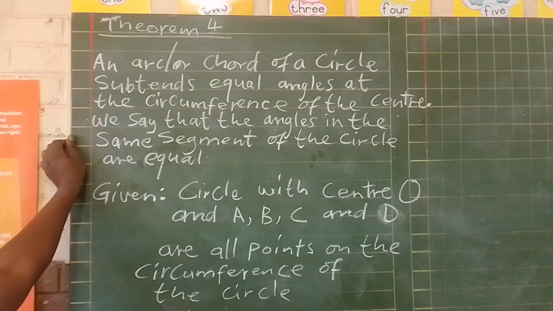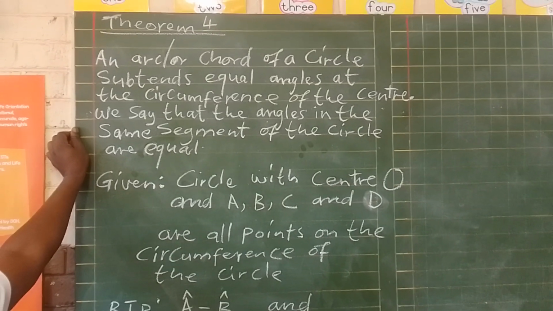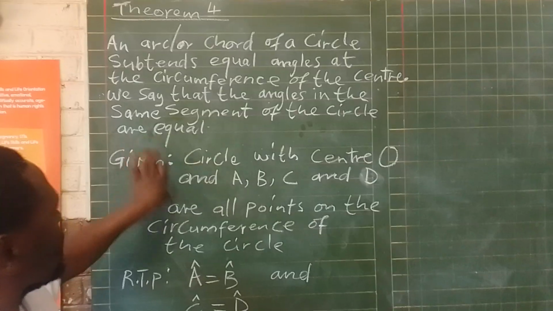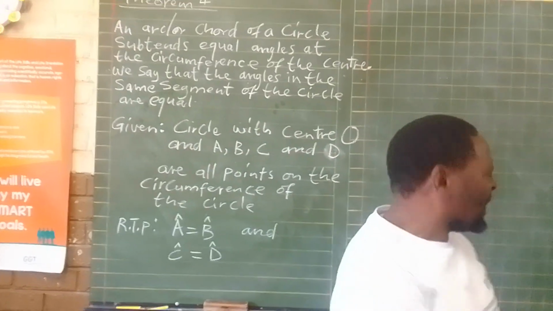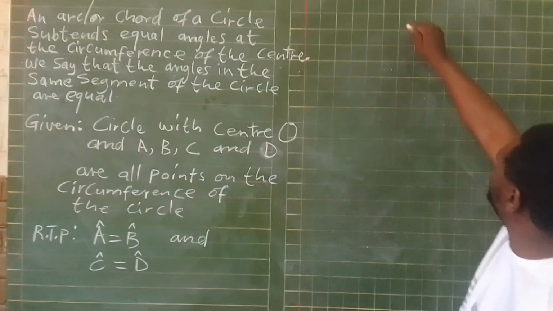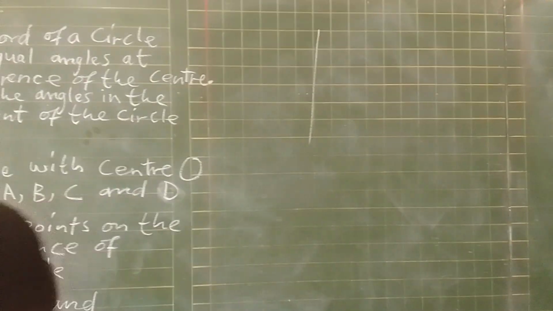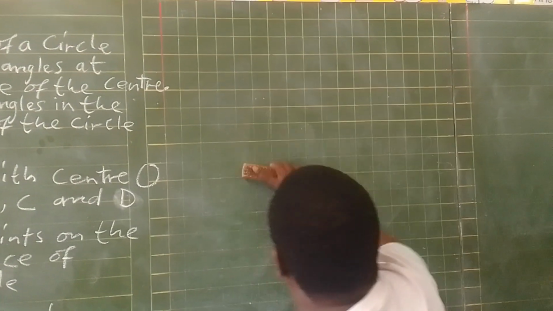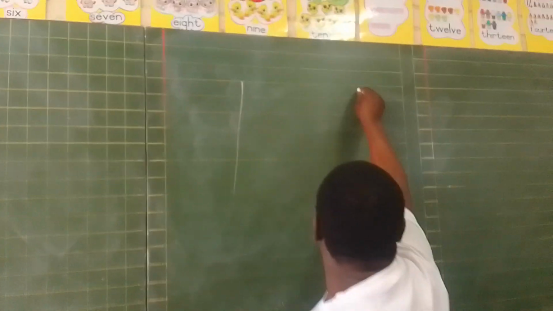We say that the angles in the same segment of the circle are equal. Remember, you have done this in grade 11 and grade 10. If I remember well, it was grade 11. You have something like this.